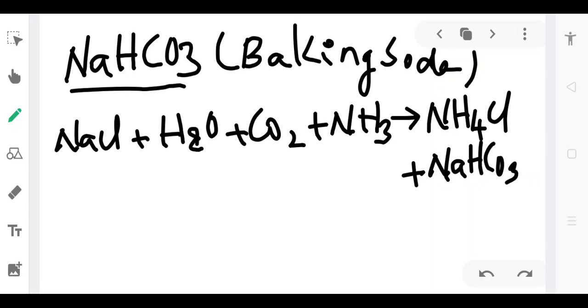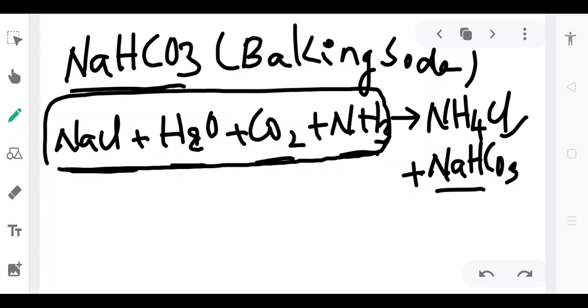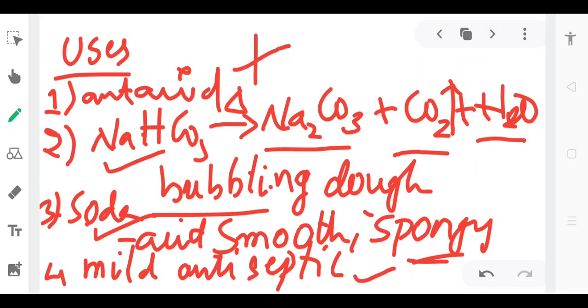When common salt, carbon dioxide, ammonia and water react, we get the products ammonium chloride, which is a salt, and baking soda, sodium hydrogen carbonate. So this is how baking soda is prepared using the reactants common salt, water, carbon dioxide and ammonia.